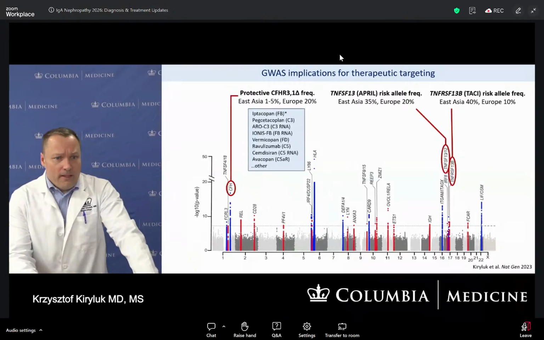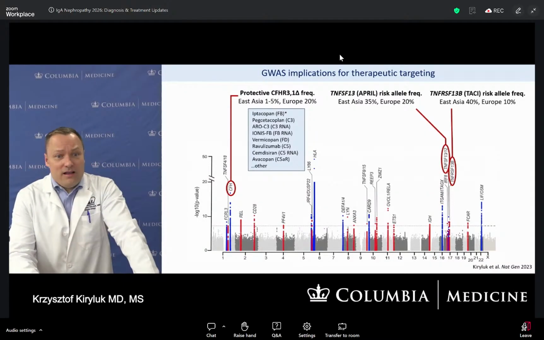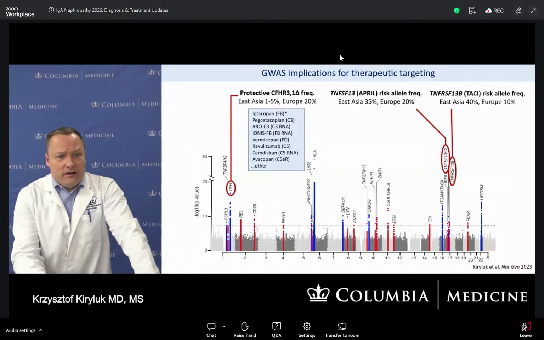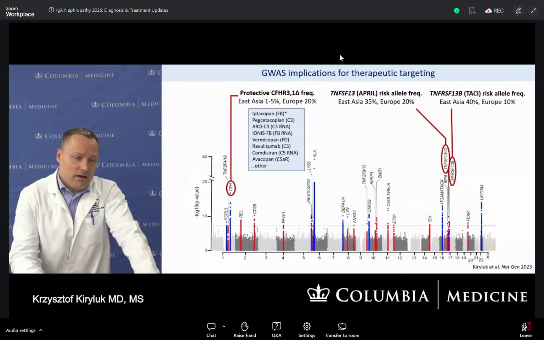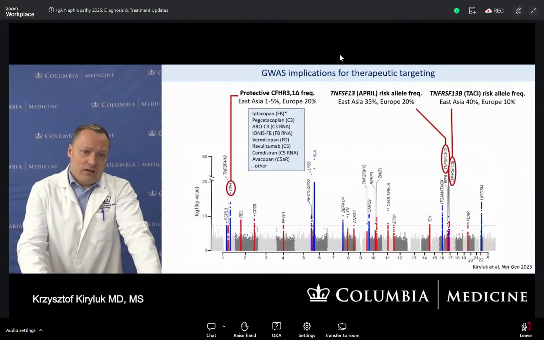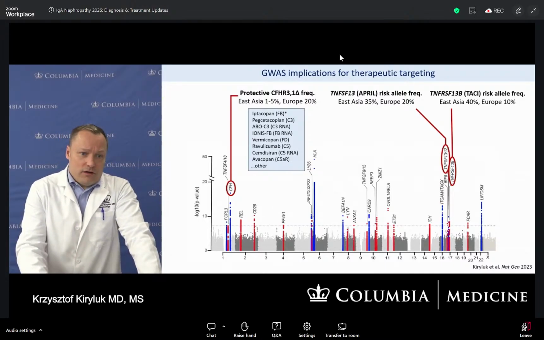As you know, we now have iptacopan approved by the FDA for treatment of IgA nephropathy in the US. There's a recent follow-up to the phase 3 trial showing that it also reduces decline of eGFR in patients with IgA nephropathy.